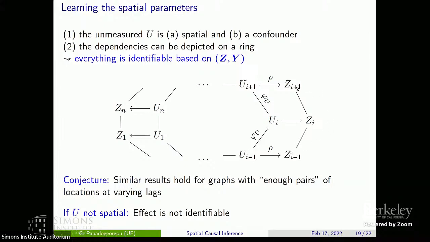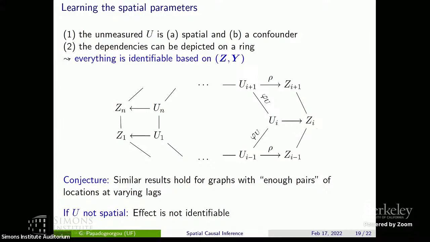Z_i plus 1 and Z_i minus 1 here have one Z_i between them. If they had two Z_i's between them, so they were at distance 3 instead of distance 2, then they would have rho, phi U, another phi U, another phi U, and rho. If they were at distance 4, they would have 2 rhos and 4 phi U's.